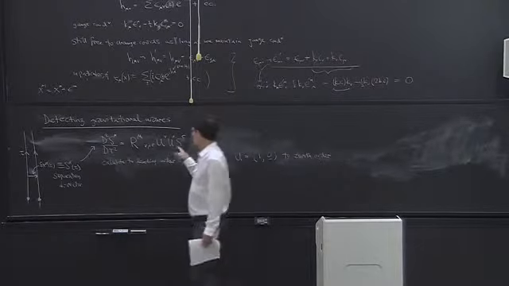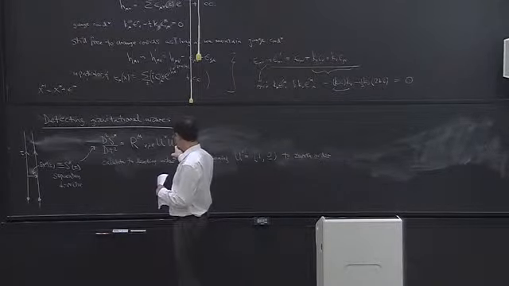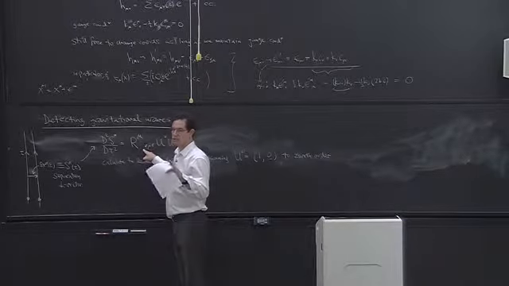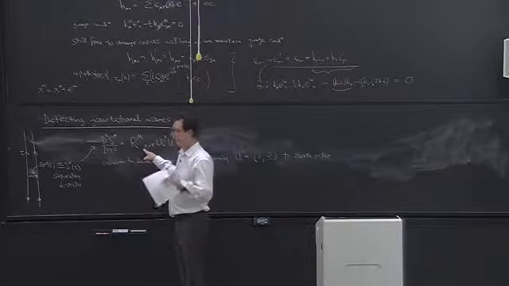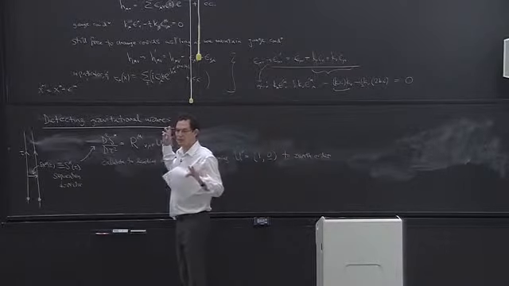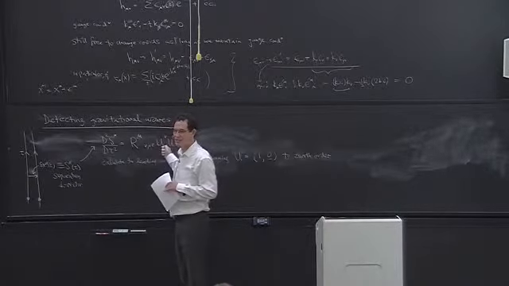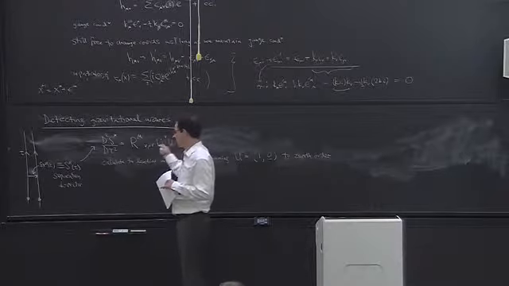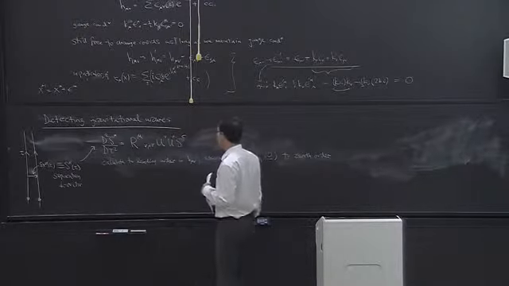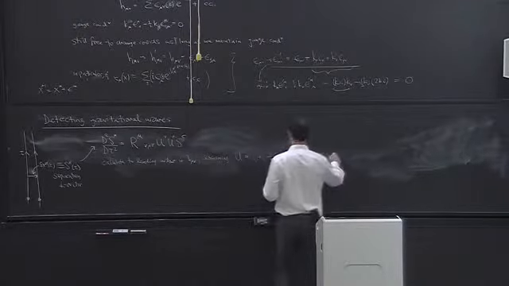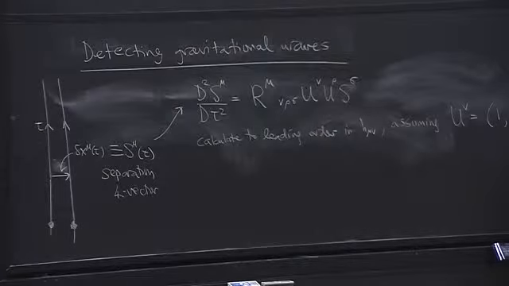The idea is that this quantity is first order in h anyway, and so there's no need to consider anything else to first order in h. Everything else on the right-hand side is going to be considered at 0th order.